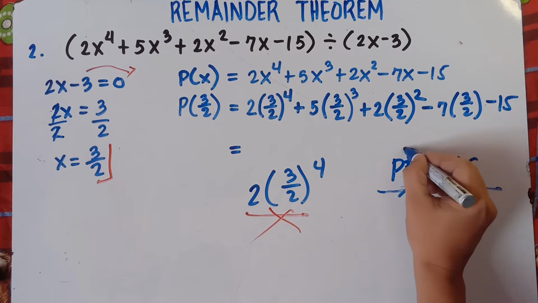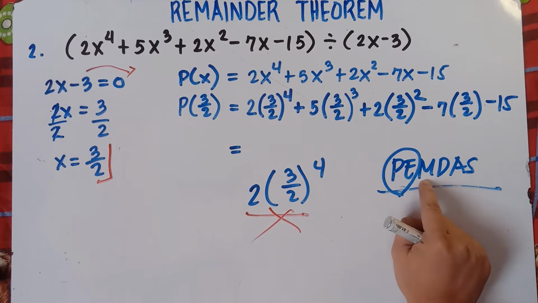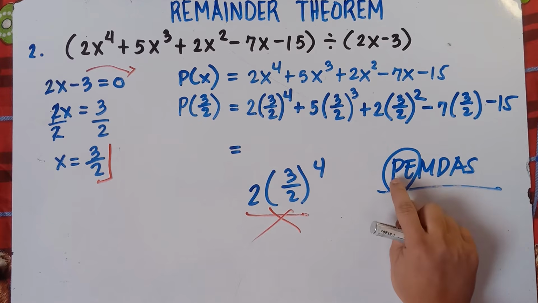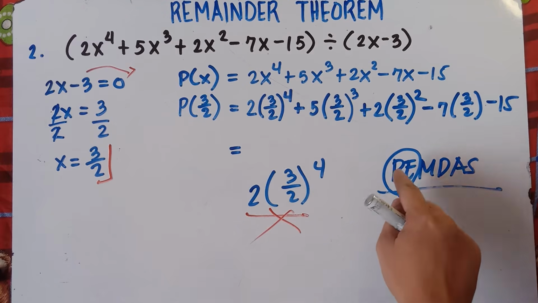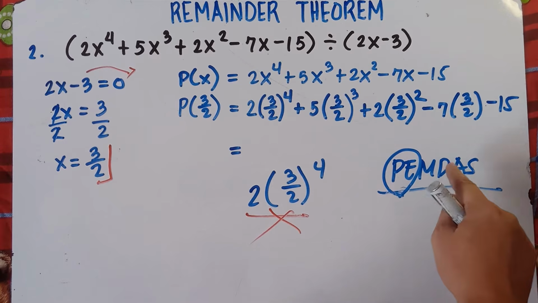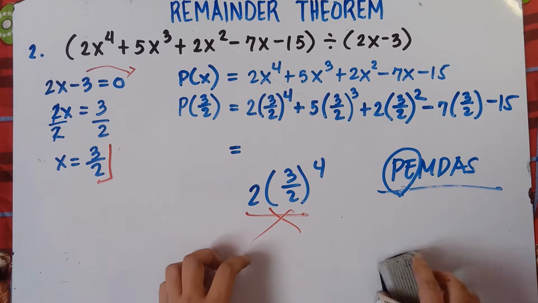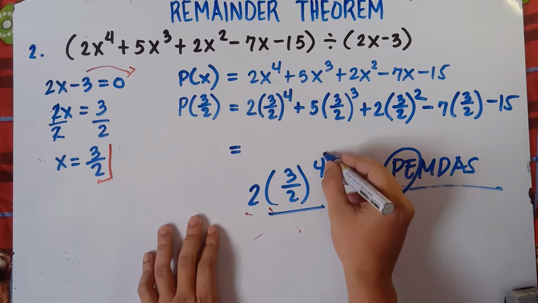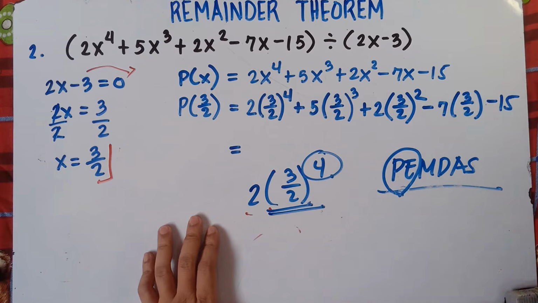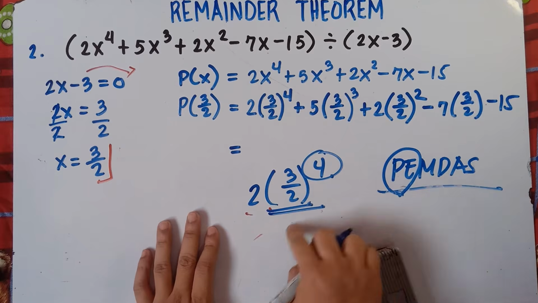Always remember PEMDAS, class: parentheses and exponents come first before multiplication. So the thing that you will do is simplify this one first.